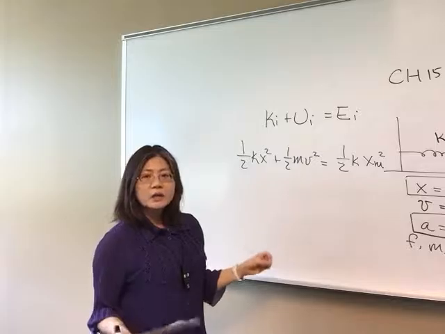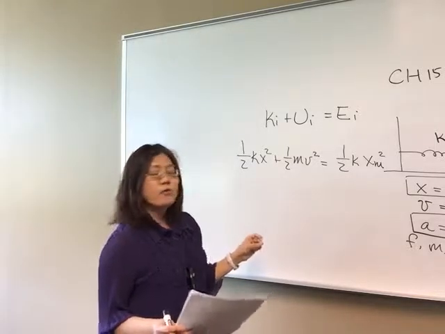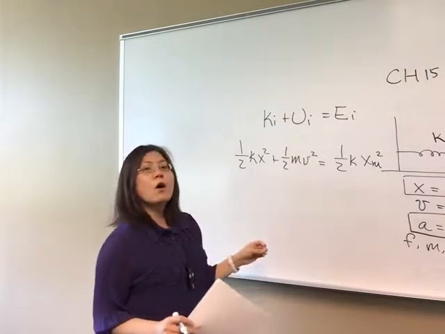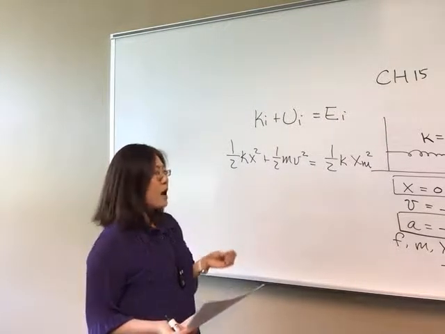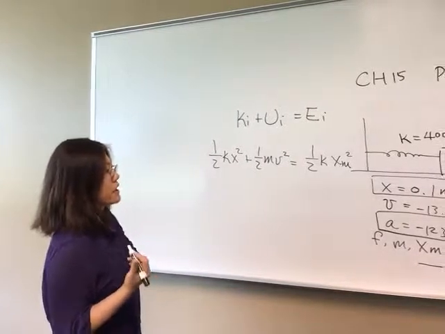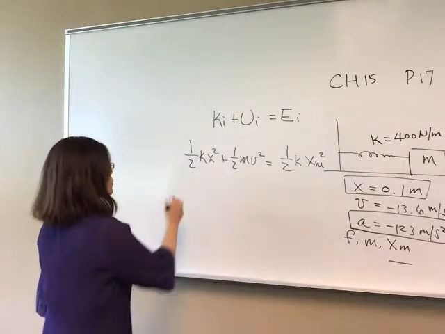When you reach the maximum, the energy can only be in the form of kinetic energy, which is 1/2 m vm squared, or in the form of spring potential energy, which is 1/2 k xm squared. So we have everything in front of us except xm, which we're asked to find. Let's plug in the numbers.